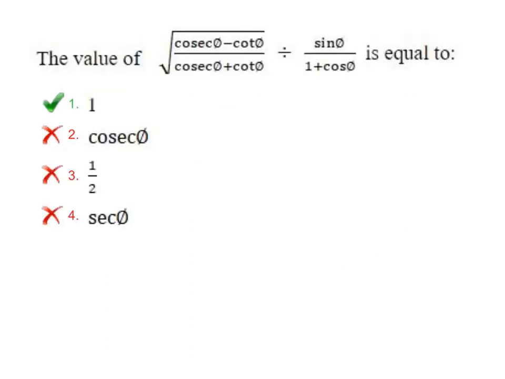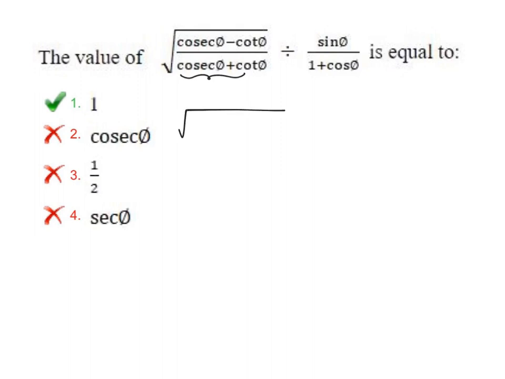The value of the expression is asked. We know 1 by cosecant theta plus cot theta can be written as cosecant theta minus cot theta. So this whole thing becomes under root of cosecant theta minus cot theta whole square. So this and this get cancelled. So this becomes cosecant theta minus cot theta.